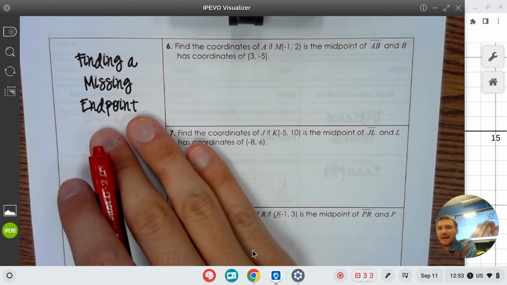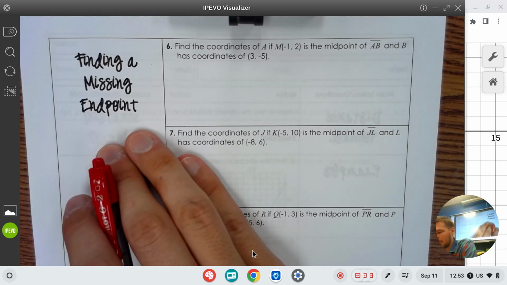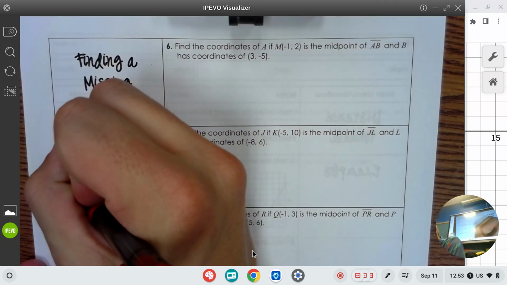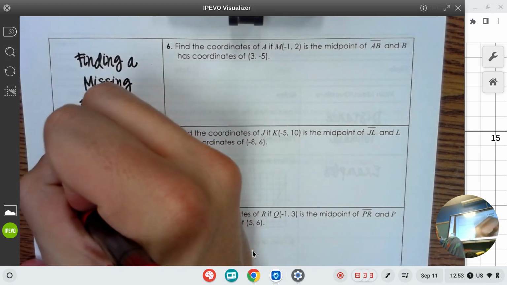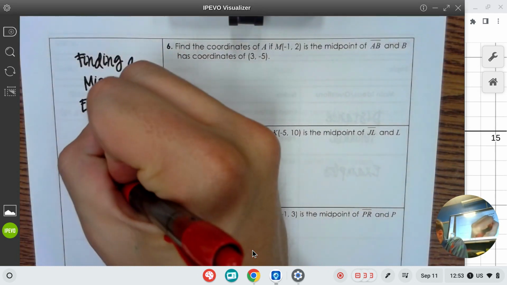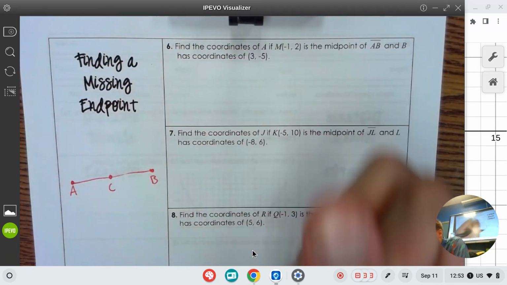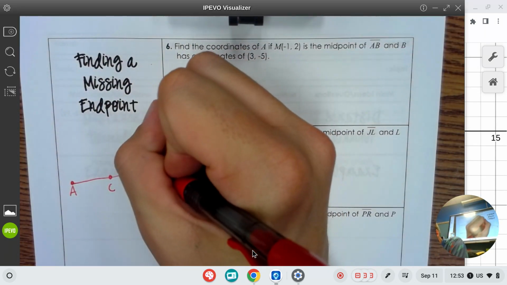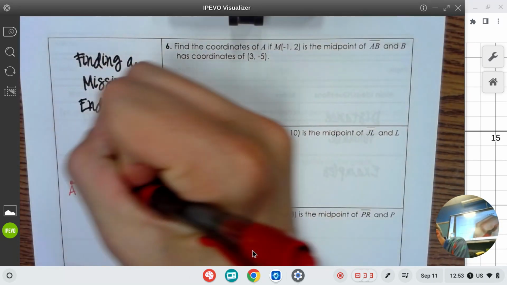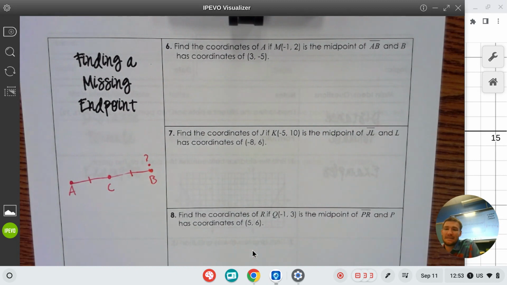We're going to try to find a missing endpoint. Basically what that means is we're going to have a line, or I should say a line segment, AB, with a midpoint of C, and we're not going to know where B is. We're going to know that C is a midpoint.